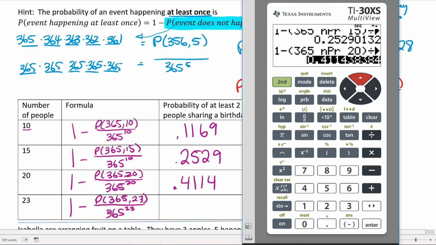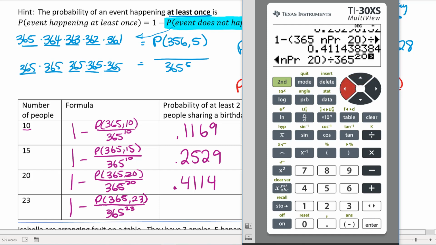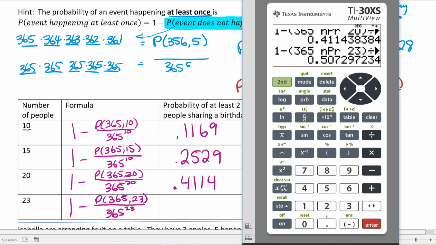So I'm going to do it one more time, and this time I'm going to use 23. And this comes out to be 0.5072. Maybe we could round that up.